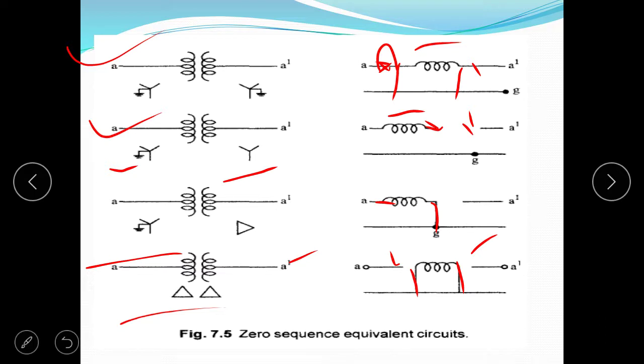If the connection is delta, then the shunt switch is shorted. If both sides are delta, both shunt switches are shorted. This is the concept of zero sequence network in a transformer.